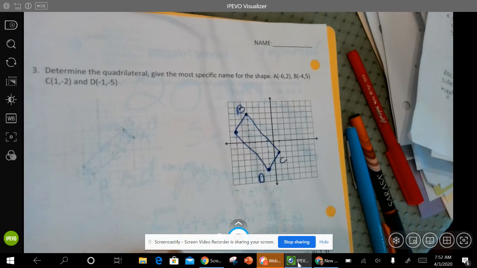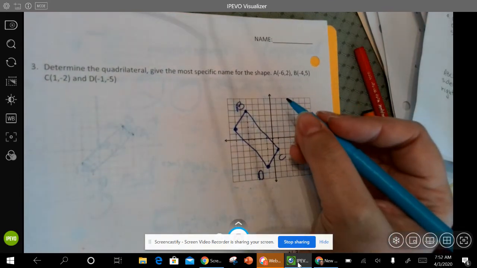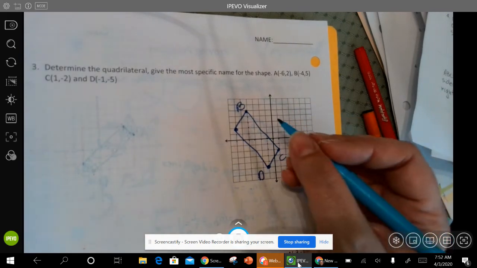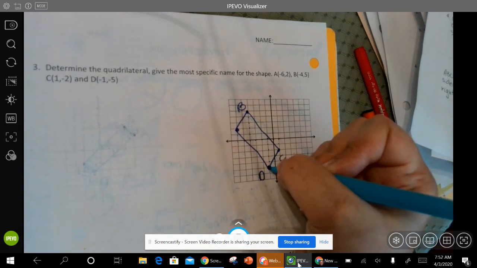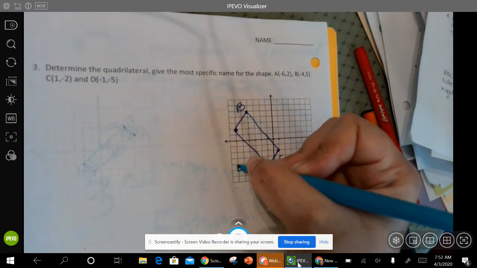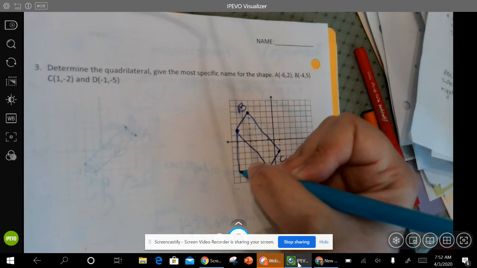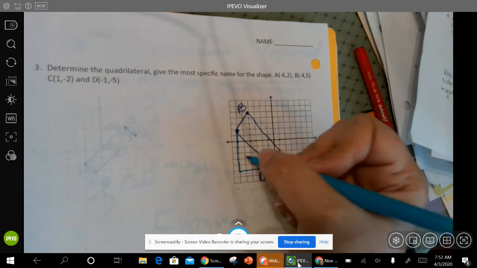Okay, so we can prove with the slopes that the opposite sides are parallel because it looks like it's a parallelogram. Okay, but we need to prove that they're parallel. So again, I'm going to use slope. So remember, we can do rise over run. So we're going to go over 1, 2, 3, 4, 5. 1, 2, 3, 4, 5, 6.